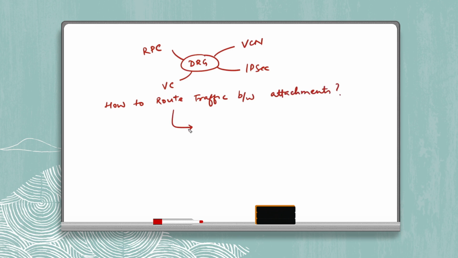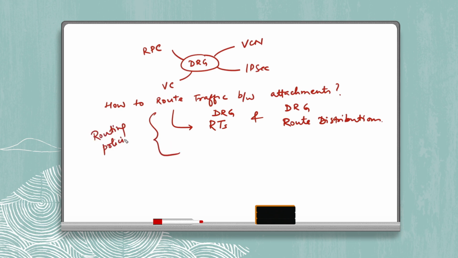The answer is using route tables, and specifically dynamic routing gateway route tables and dynamic routing gateway route distributions.